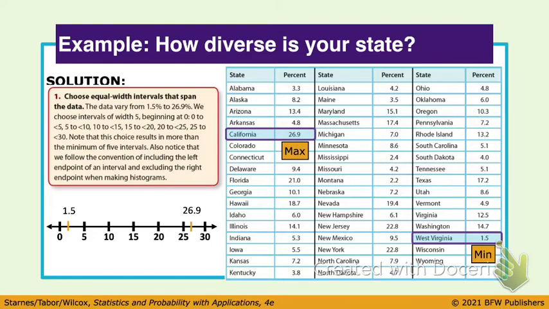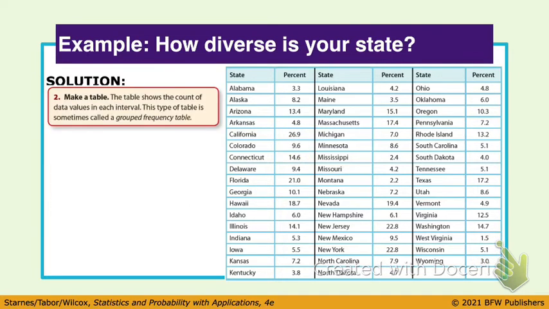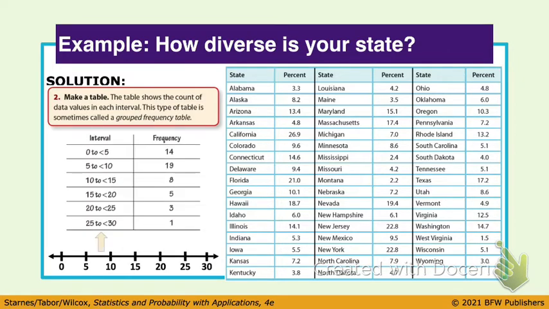But I want to make equal intervals that are going to give me at least 5. So if I go by 5s, then I'll have at least 5 different intervals or groups, and then I'll be able to have my histogram. So we're going to basically make a table, and we're going to count how many of each of these.